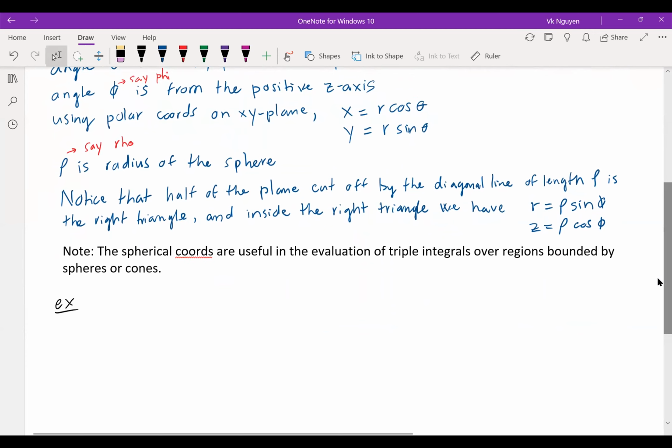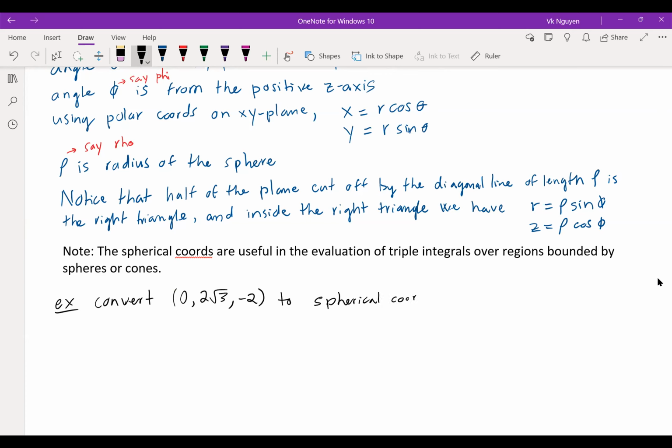Example. Convert (0, 2 root 3, negative 2) to spherical coordinate.